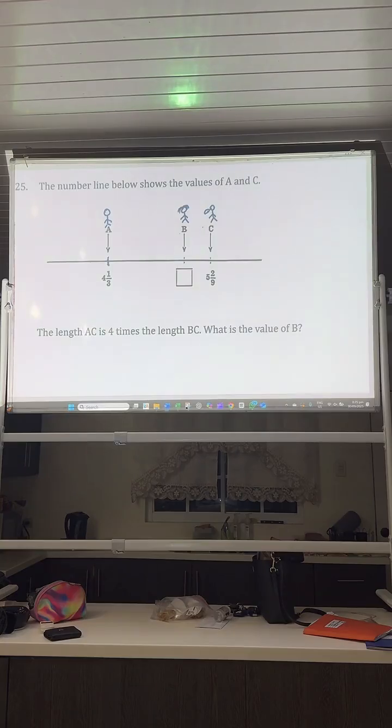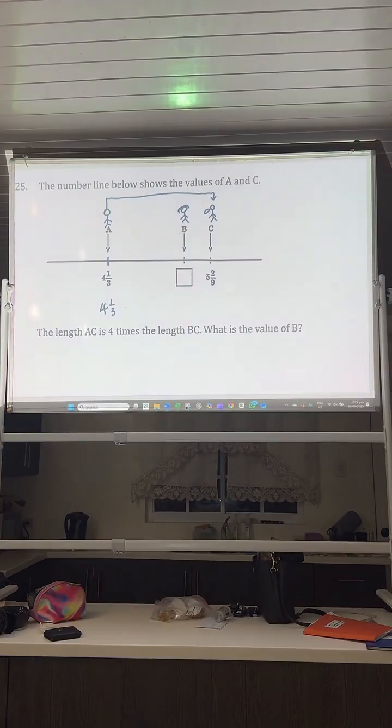But in order to move anywhere from where we are, we need to find out how far to the right Caleb is, right? Adam wants to go and meet Caleb. But Adam is standing at 4 1/3, okay?